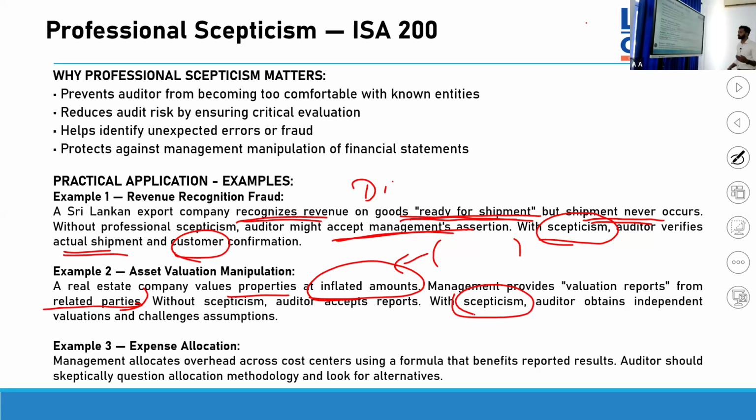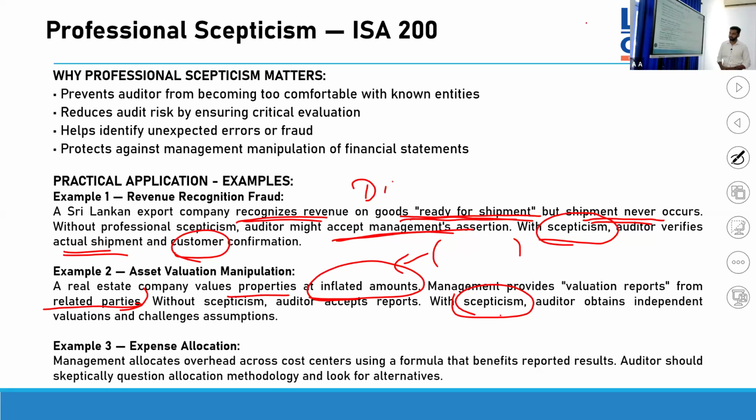Then we must evaluate the competency of the valuator also. Always remember, we should not rely on management's representation. We must get the evidence using our questioning mind.